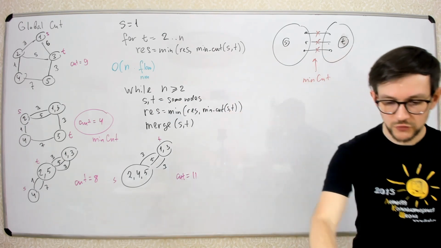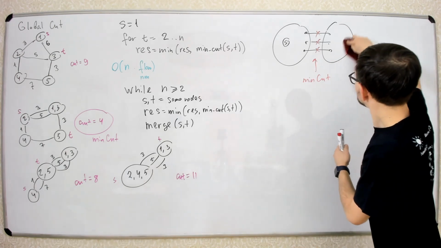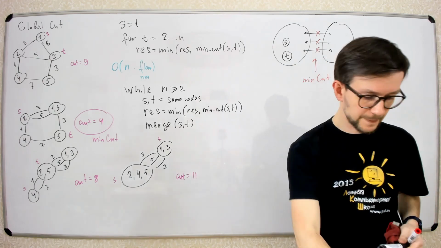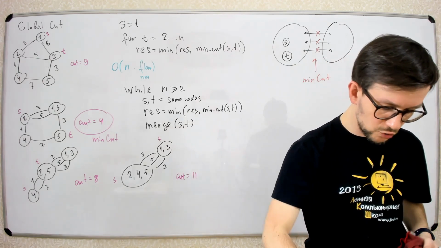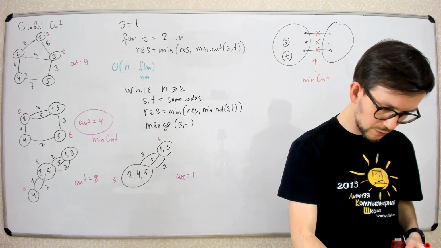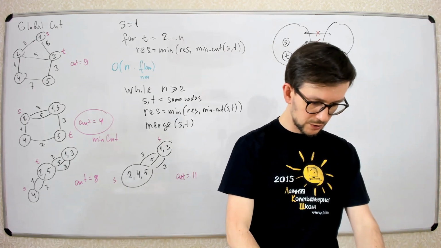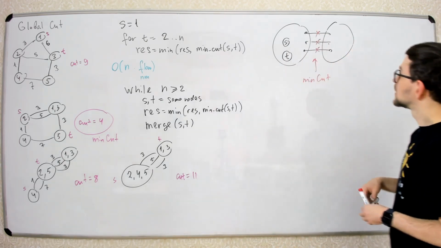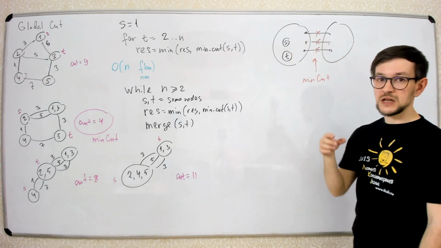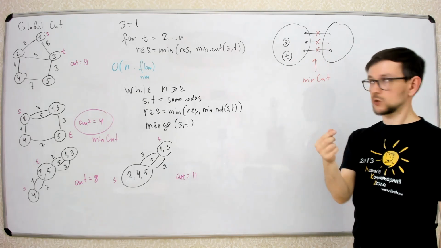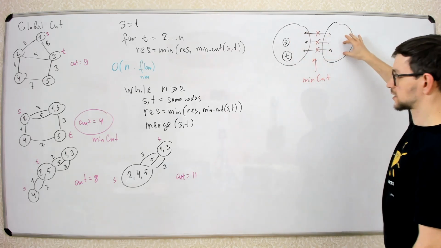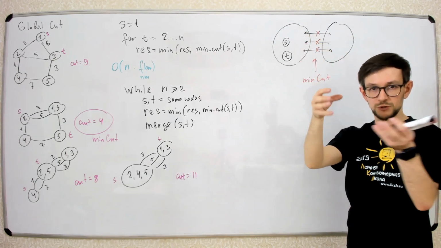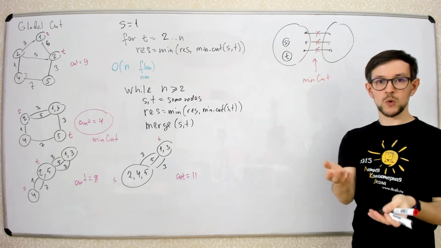And if you pick the nodes from the same connected component, then they act like a single node. So they belong to this connected component or this connected component. So instead of thinking of them as two separate nodes, we will just think about them as one node.